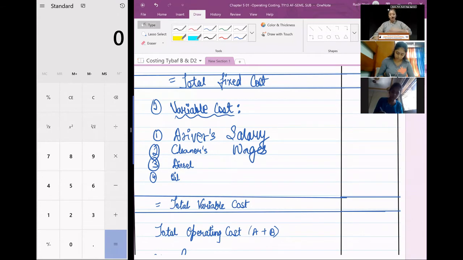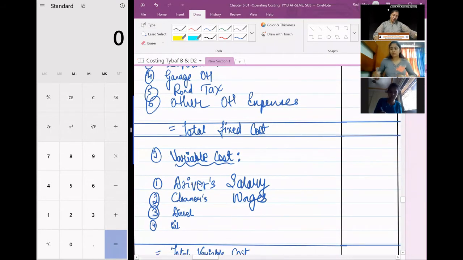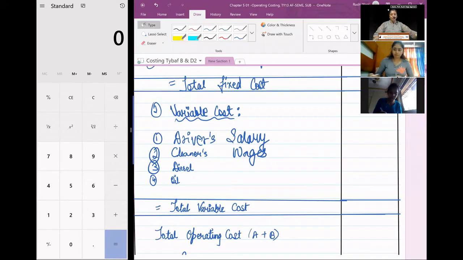In the exam, if you identify the fixed and variable costs wrong, say for example, you mistakenly put garage overheads in variable costs, what will happen? You will have 5 fixed costs and 5 variable costs. So accordingly, you will get marks.